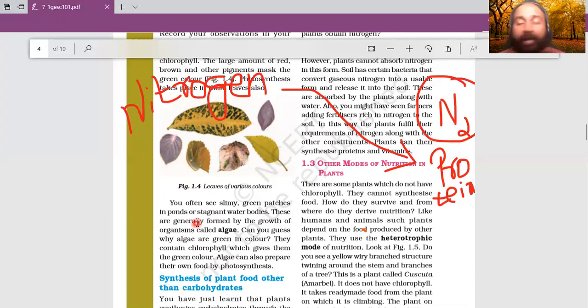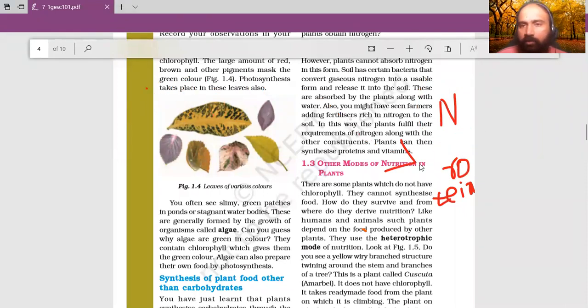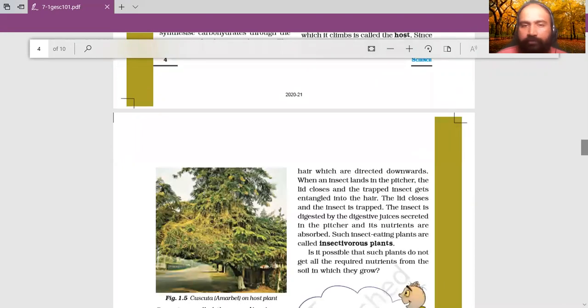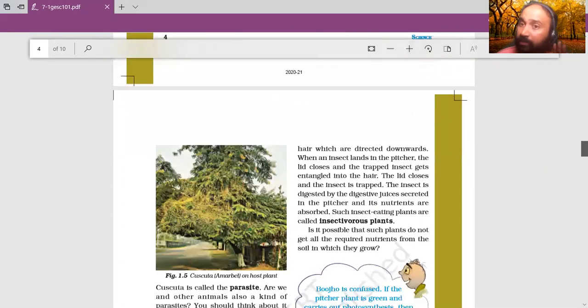From where does the plant obtain nitrogen? Fine. So I'll erase this. Now in this page, remember that nitrogen requirement.